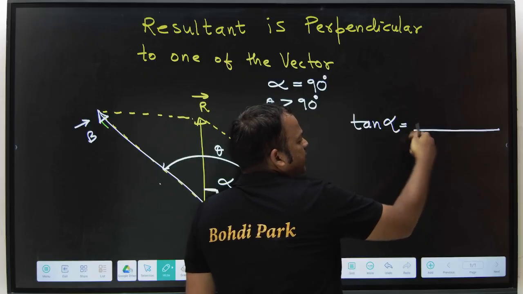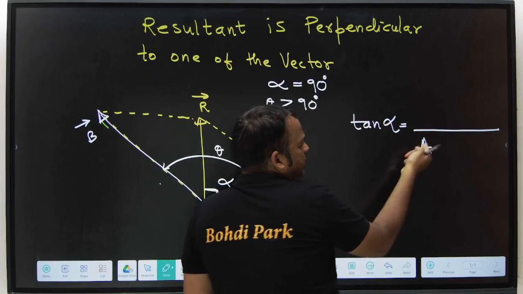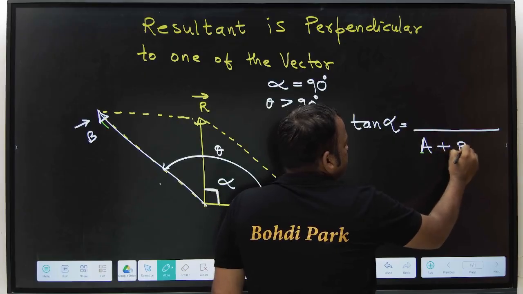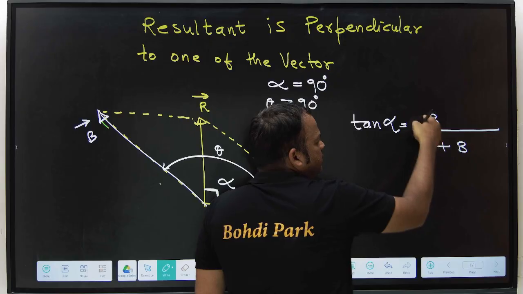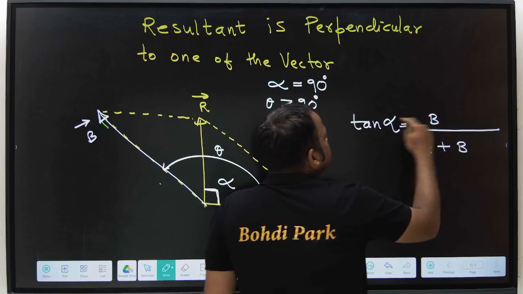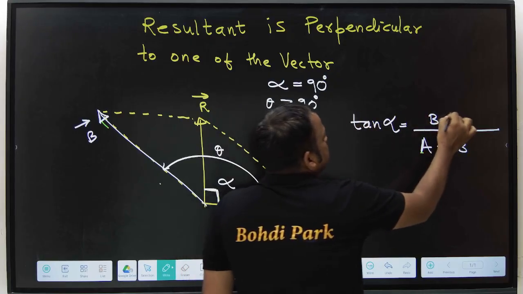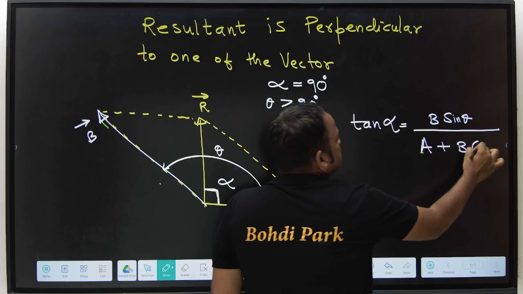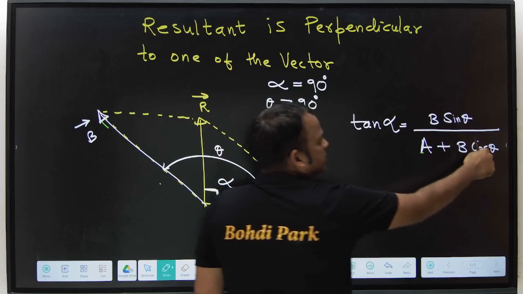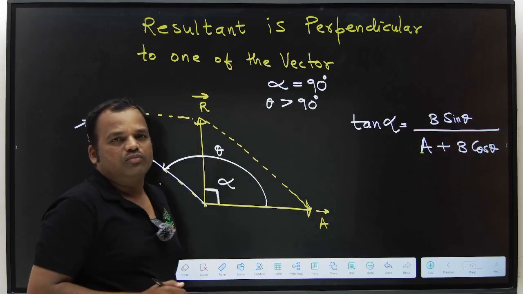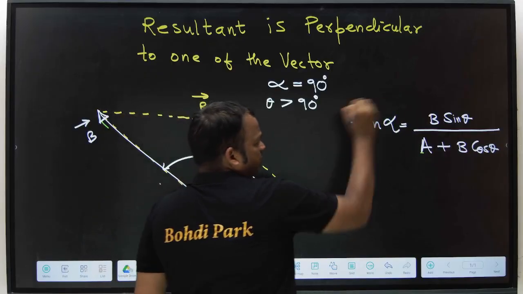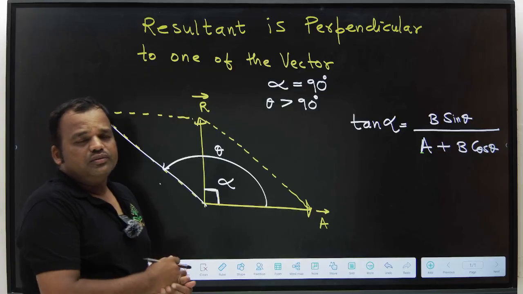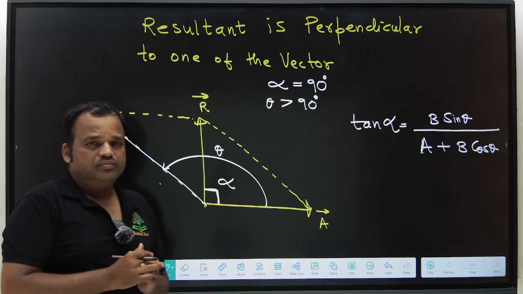In the denominator you write A here. So alpha is here, so you write A here, plus the other one B, and here also you write B. Both B and B you write here. Then we have tan here. So you can write sine theta here, and tan means sine by cos. So you write cos theta here, sine theta here, cos theta here. So this is the formula for tan alpha. So you remember this formula.